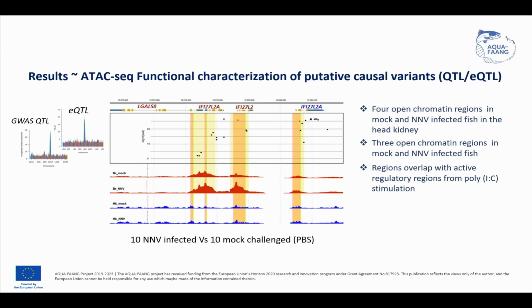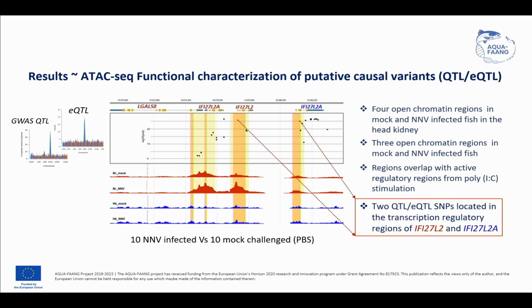So with the ATAC-seq results, we saw that two of the most significant SNP markers are located within the transcription factor binding sites of these 2 genes, and according to an in silico prediction, these 2 variants have an effect on the binding sites of these 2 genes.